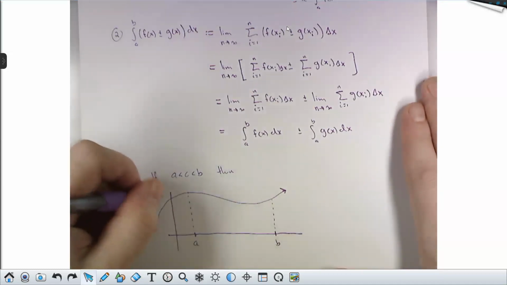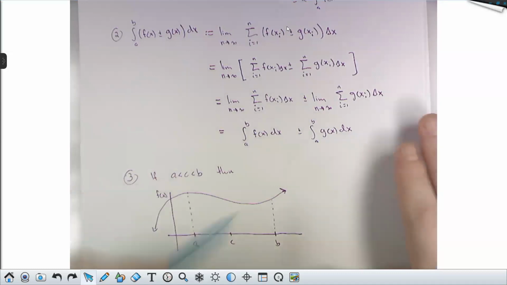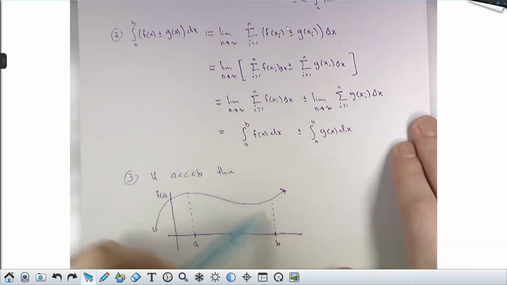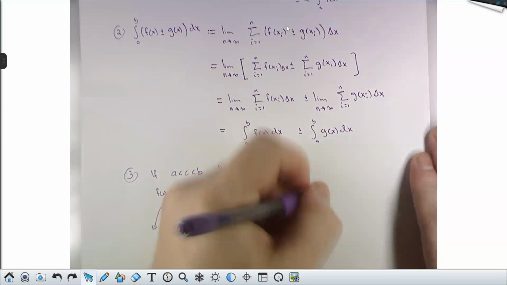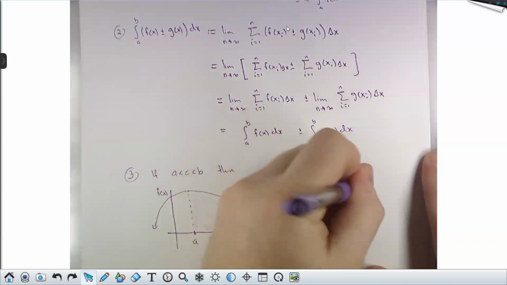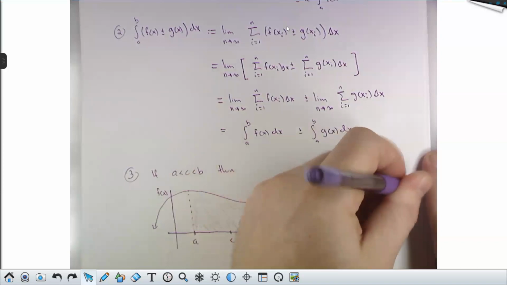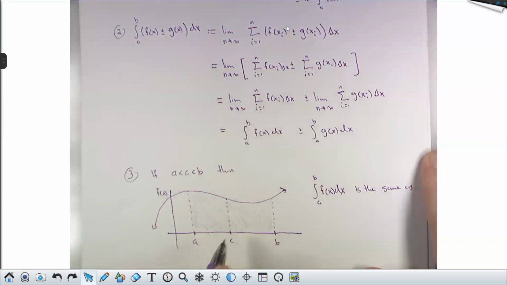So this is the graph of f of x. And c is somewhere in here. If I'm looking at all of this area, then the area from a to b, all of that area, is the same. So area a to b under f of x dx is the same as what I get if I look at the area from a to c and add that to the area from c to b.